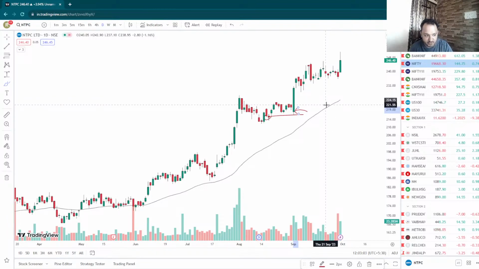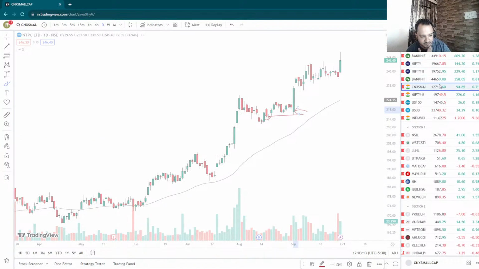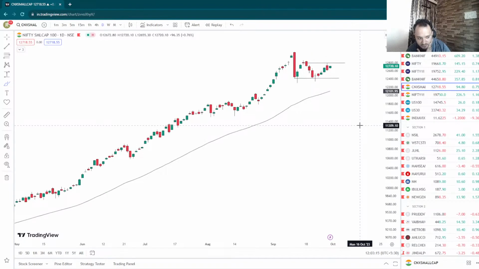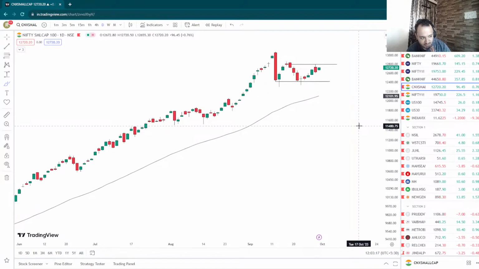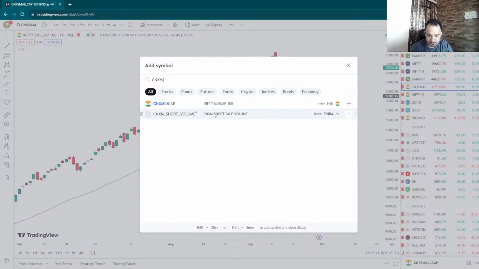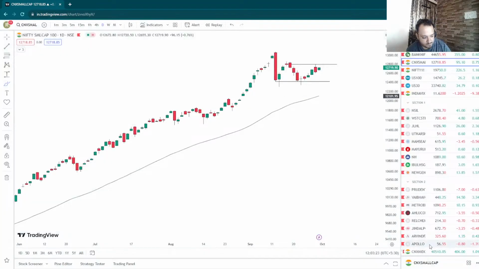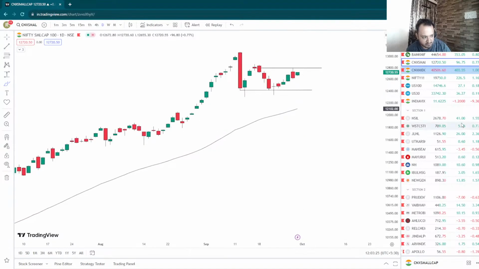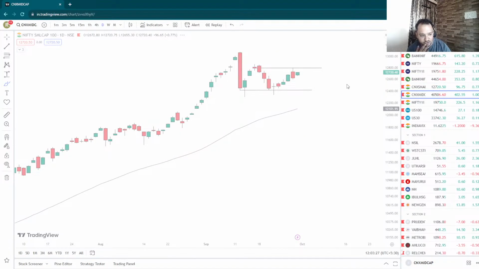If you have just joined in, you want to trade swings, so which index should you be referring to? You should be referring to the small cap index, or the mid cap index. I'll just add the mid cap as well. They will usually move together.